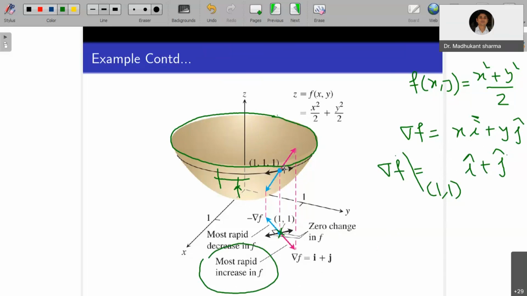The violet color symbolizes the grad f direction, and the blue color symbolizes the direction of minus grad f. So you have the most rapid decrease when you have minus grad f in the direction of 1 comma 1. So it's going to be minus i minus j. Now, how do we identify a vector?